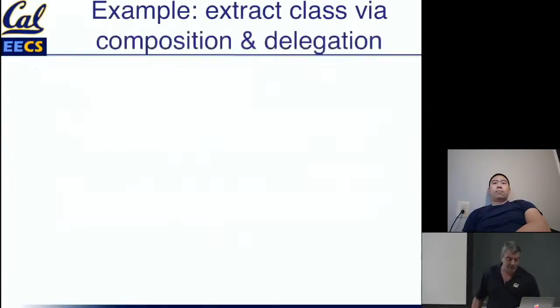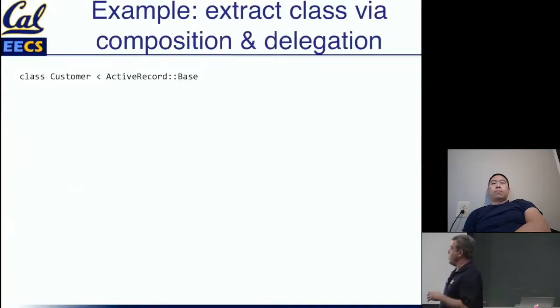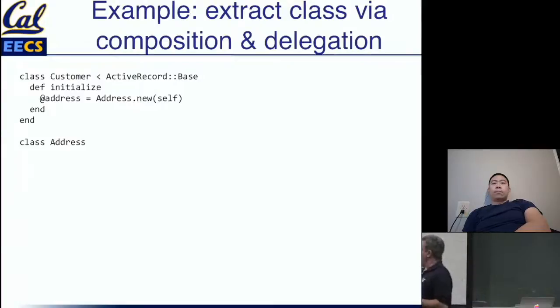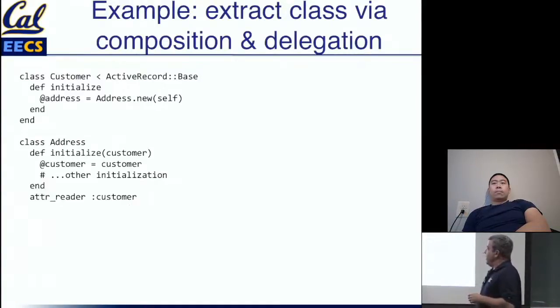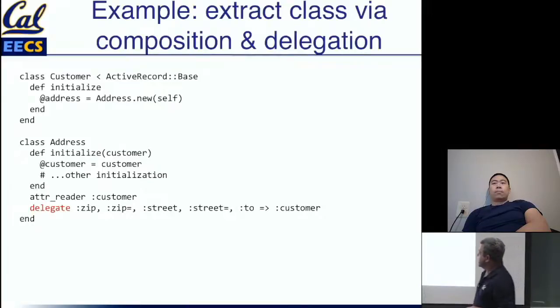But what would? Here's a simple example of a way that even in a simple class, this can creep up on you. I have a hypothetical customer class. Customers often have an address.